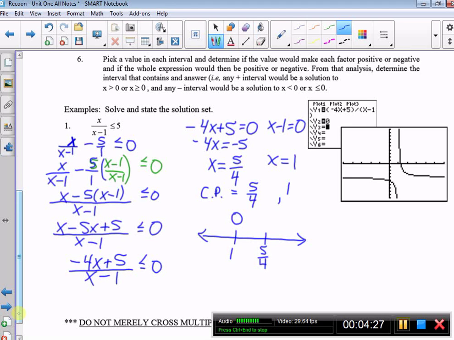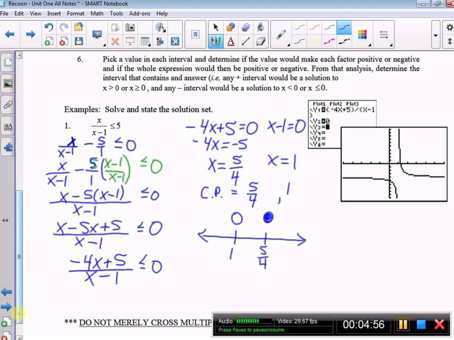But if we let x be 5 over 4, in the numerator you would get negative 4 times 5 over 4, which would be negative 5 plus 5. In the numerator, if you get 0, that's fine. In the denominator, it doesn't matter what the value is. 0 divided by that would be less than or equal to 0. That would be true. So 5/4 gets a closed circle.